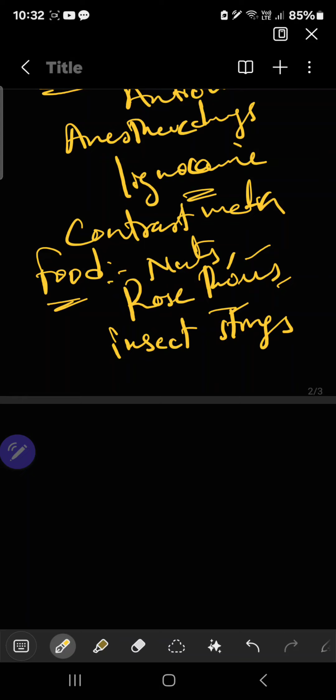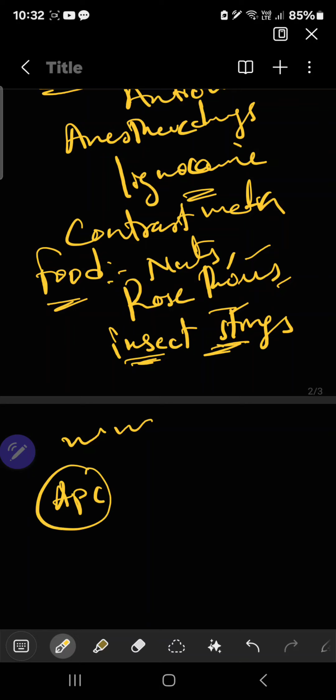And then, just a minute, I will explain what happens during the anaphylactic reaction. Suppose there is an antigen, for example insect stings. In our body there is a cell called the antigen presenting cell.